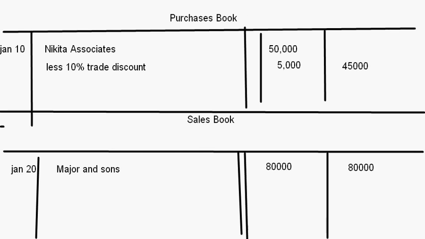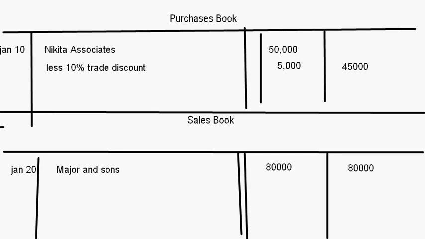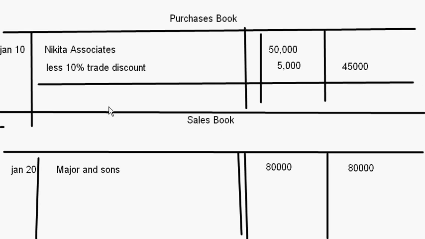As for the other books, this is purchases account. Purchases account is always a debit, so this is the only transaction that we have here.